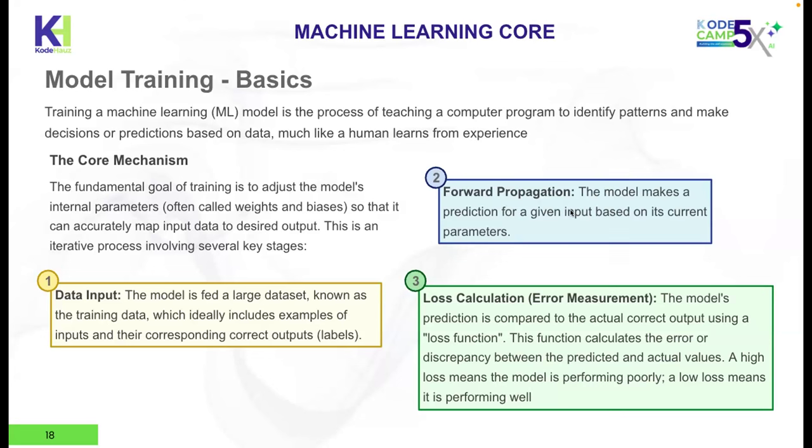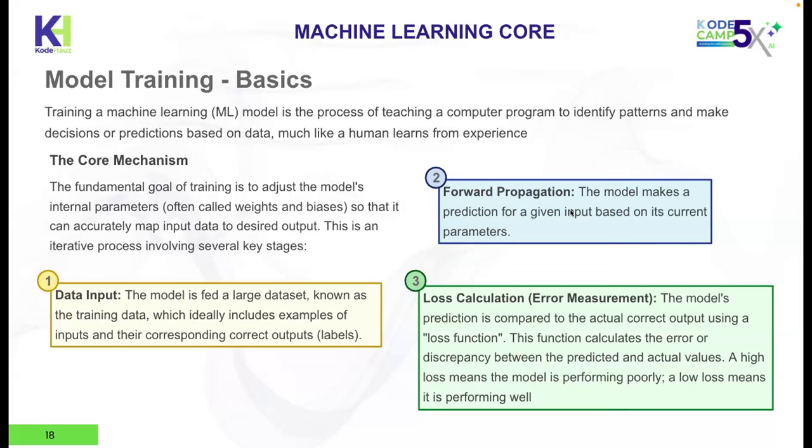Now, after that, you do what we call the loss calculation. The loss calculation is where you calculate the difference between what you want it to predict, the desired output, and what it is actually predicting, the predicted output. That difference is calculated based on something we call a loss function, and that difference is what we call an error.